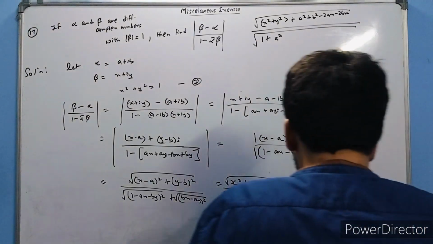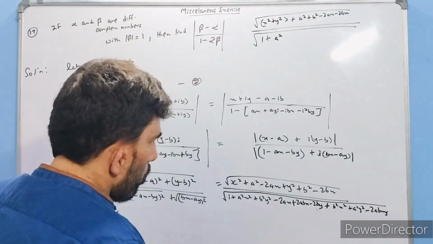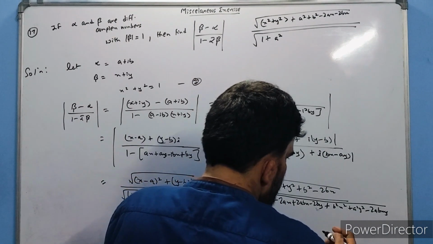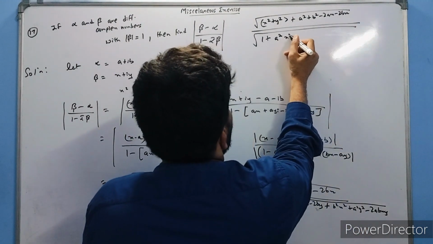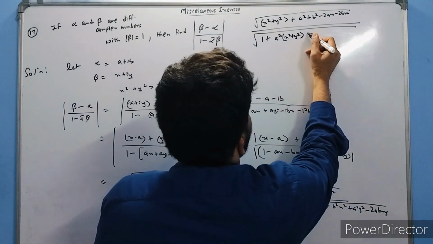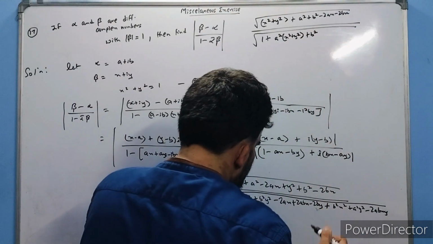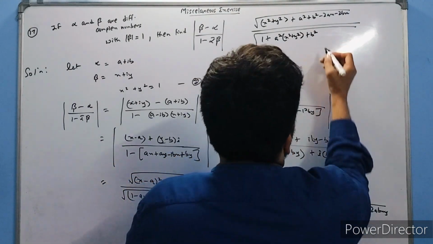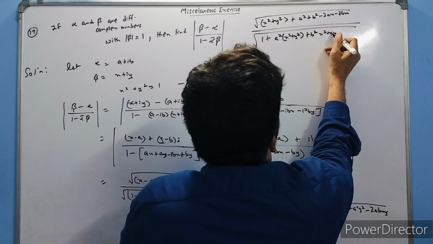Okay, we'll take a square common. So we'll have x square plus y square, then plus b square, as we have b square x square plus y square.